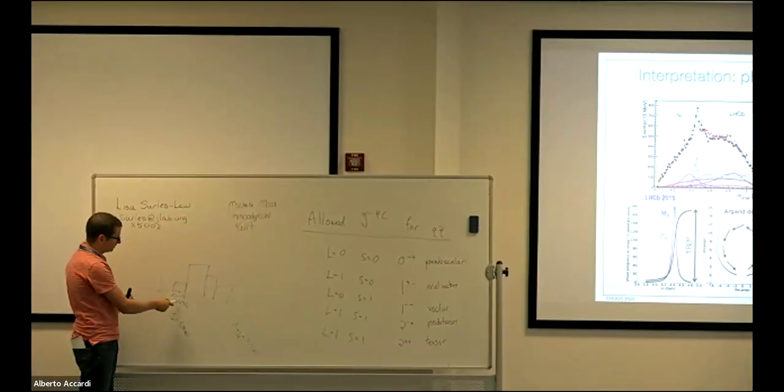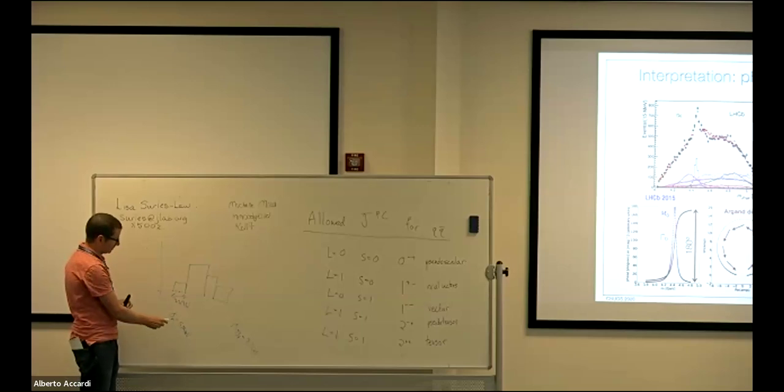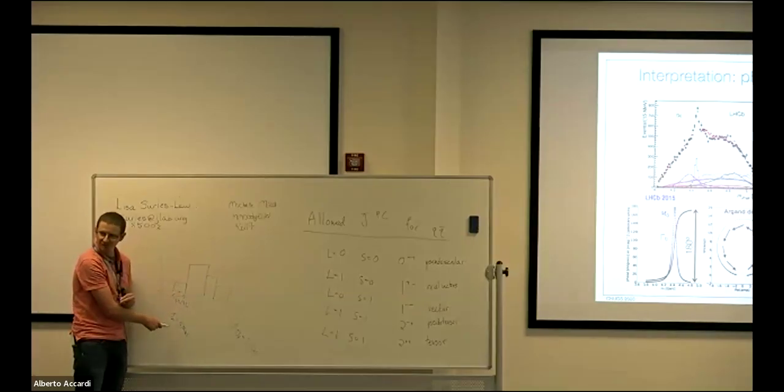But if my bins were much narrower than the mass resolution, I'd have to deal with this extra factor. So most of the time, we just bin it such that we don't have to deal with the mass resolution.